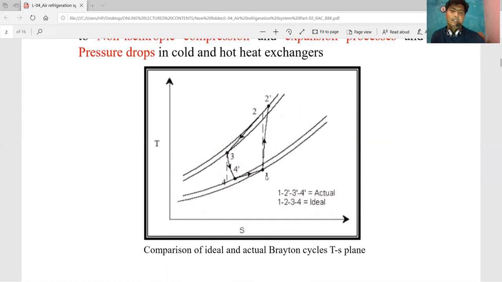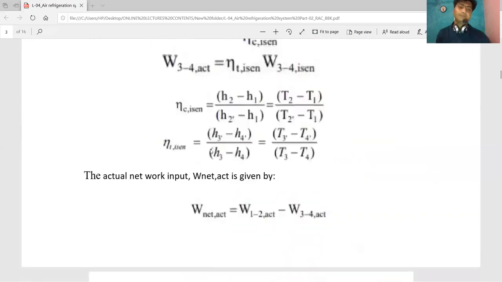Next, the efficiency of the turbine is T3 minus T4' divided by T3 minus T4, again a small difference divided by a large difference. The numerator is less than the denominator, so efficiency is between 0 and 1.